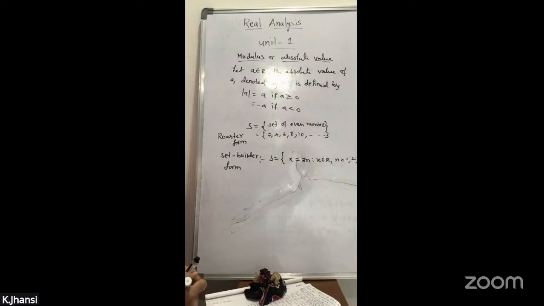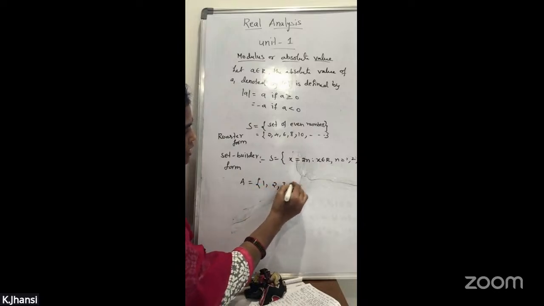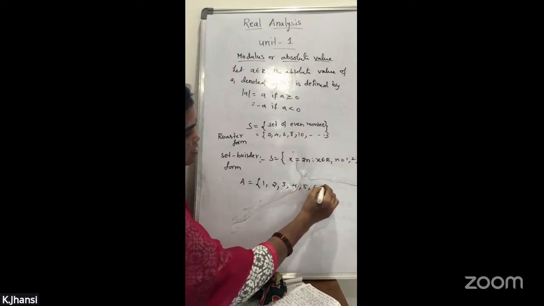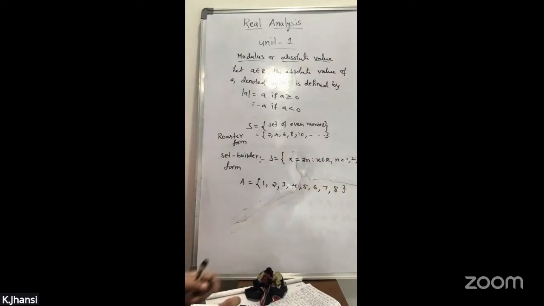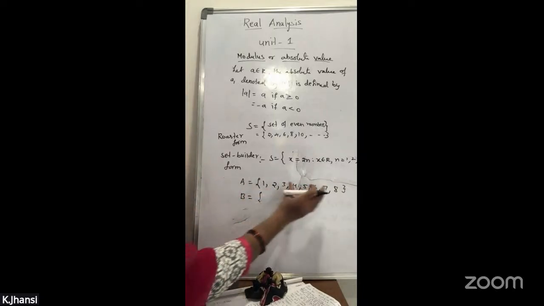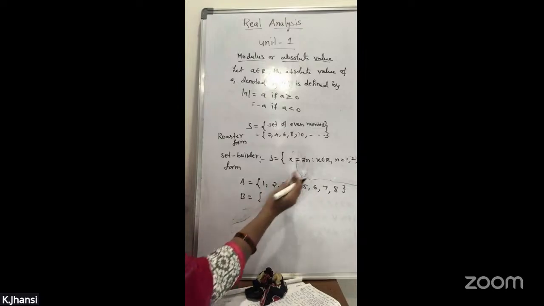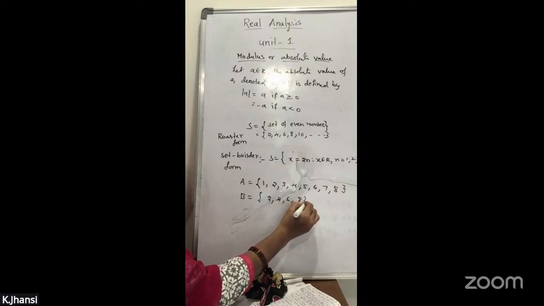Okay. And subset means, if you take any set A equals 1, 2, 3, 4, 5, 6, 7, 8. Okay. I'm taking only a finite set. If you are taking the set A as these elements, and for B you are choosing elements from the set only, alternately, you get 2, 4, 6, 8.